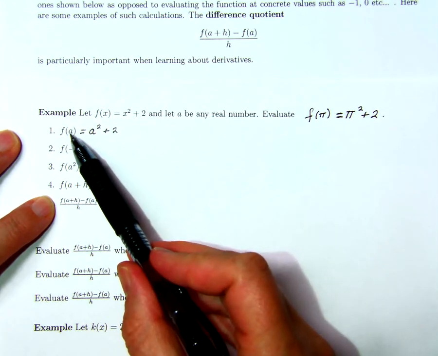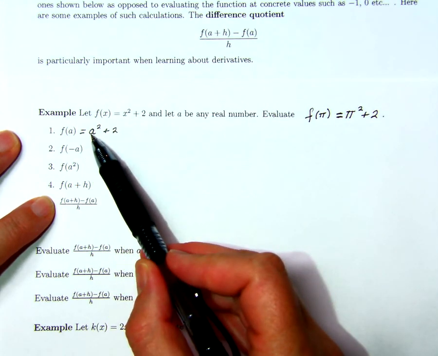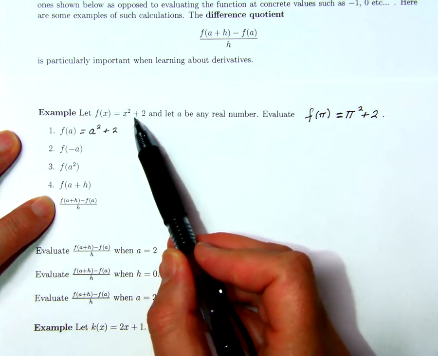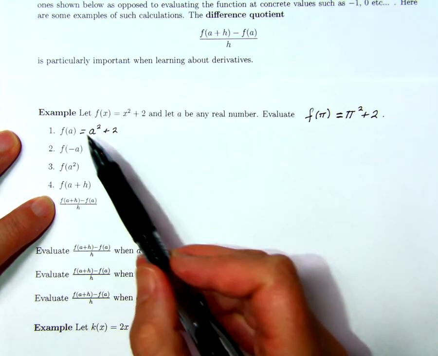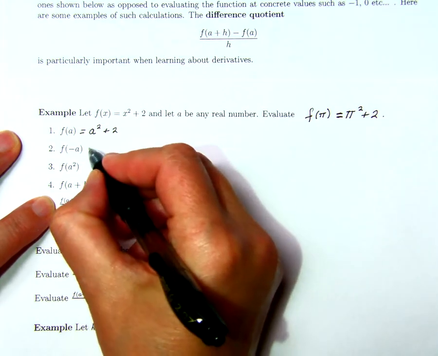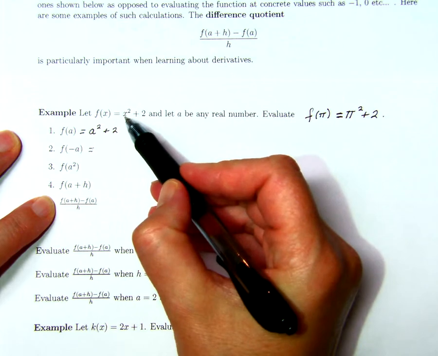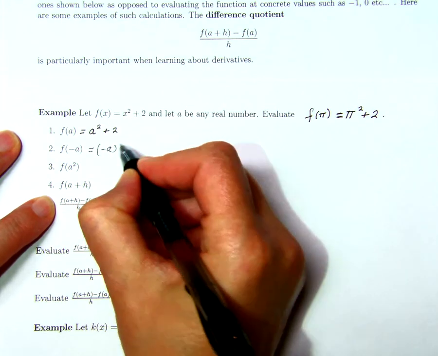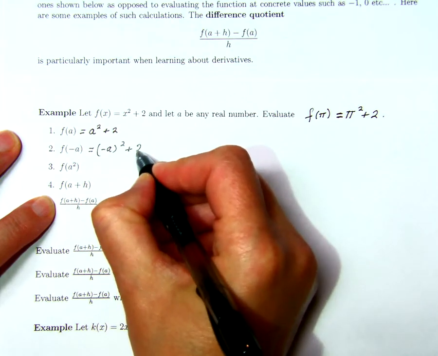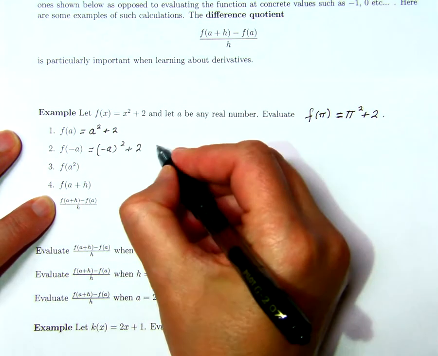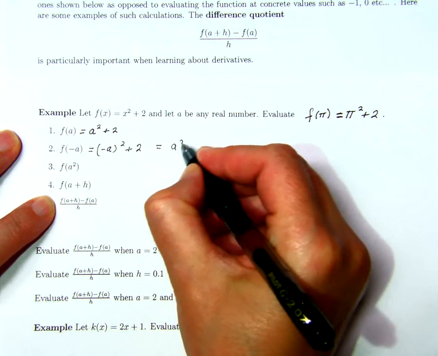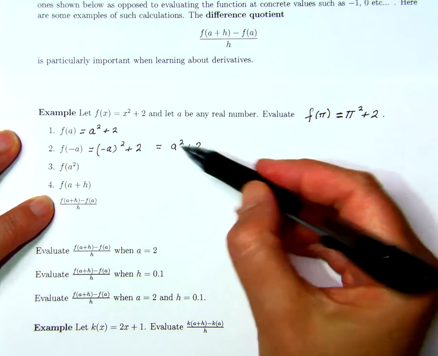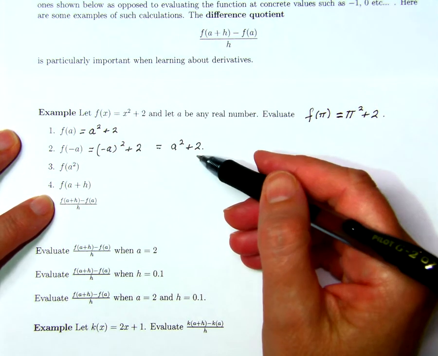That is, when I substitute a for x, the formula tells me that f of a is a squared plus 2. What about f of negative a? When x is negative a, then f of negative a is negative a squared plus 2. Of course, negative a squared is a squared, so I can just write a squared plus 2. So in fact, that's the same thing as f of a.